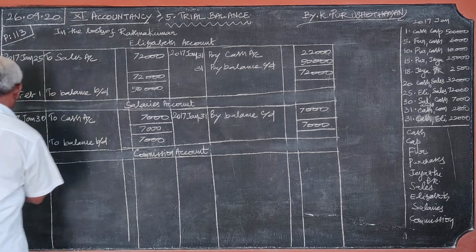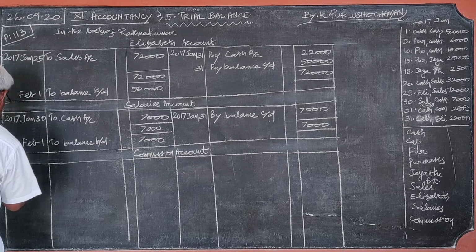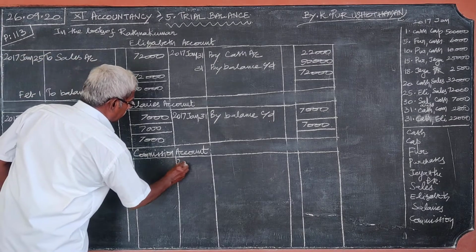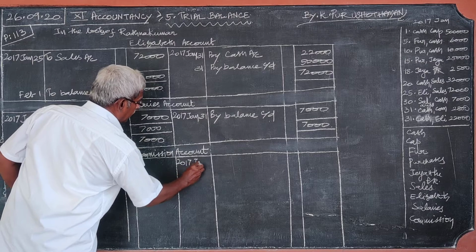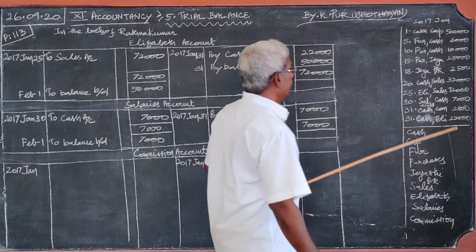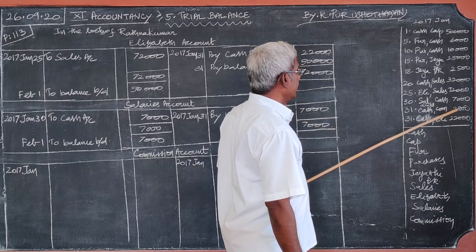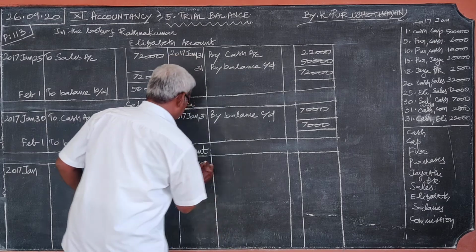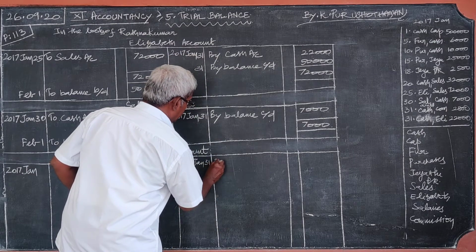For commission account, 2017 January. Where the commission appears on the credit side. So the entry will be on credit side, 31st.